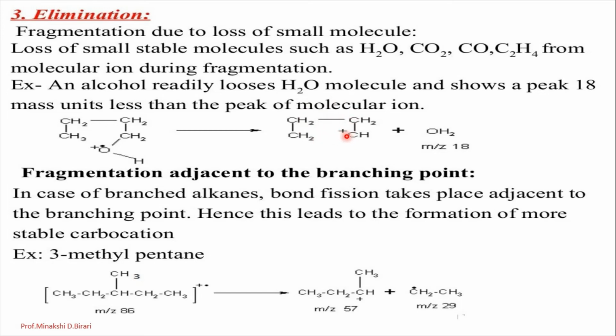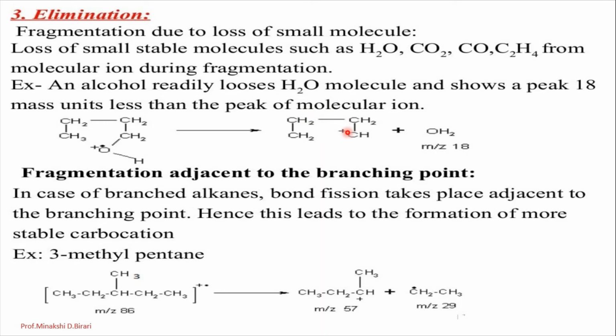So loss of a small stable molecule from the molecular ion during fragmentation, such as H2O, CO2, occurs. An alcohol readily loses an H2O molecule and shows a peak at 18 mass units less than the peak of the molecular ion.